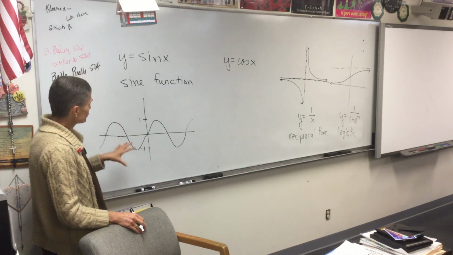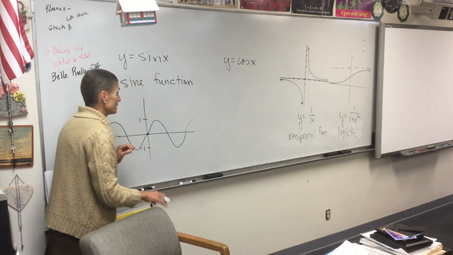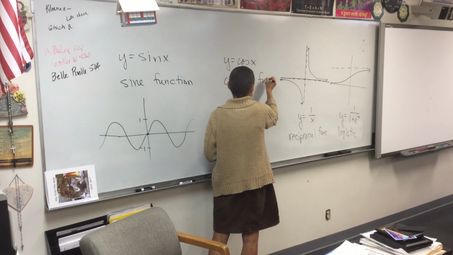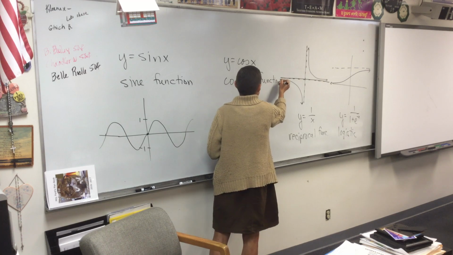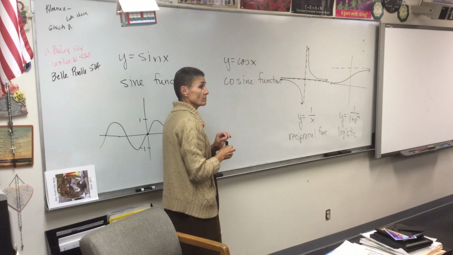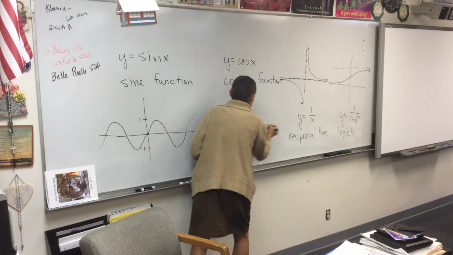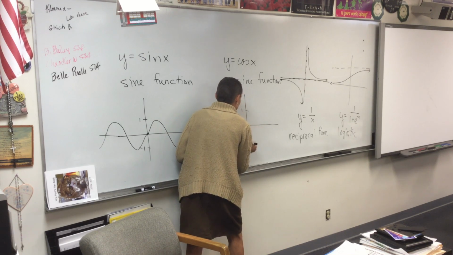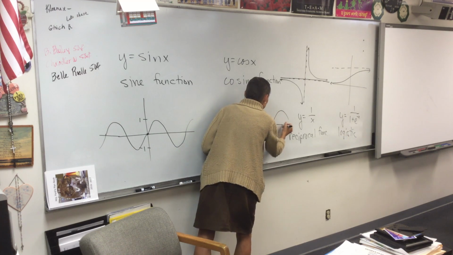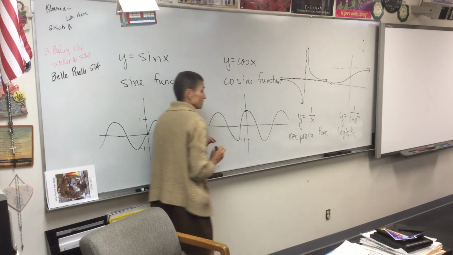Now the reason I wanted you to pay really close attention to where I started was because the cosine function, this is called the cosine function, its equation is y equals cos x, cosine x. Its picture is exactly the same type of thing, but notice where it starts.